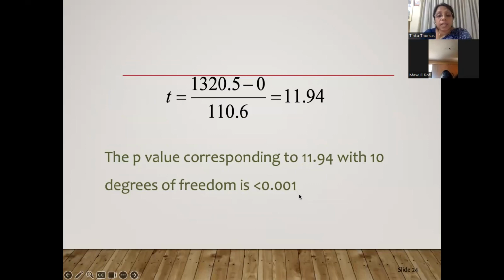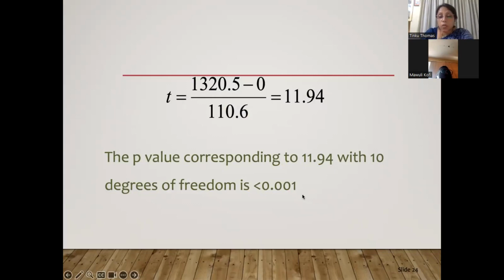Again, it is telling us that there is a difference in the... okay, what is this? This is energy intake. Okay, it is not weight, but it's energy intake. That's why it's such a high value. So what is the difference? It is significant at less than 0.001.